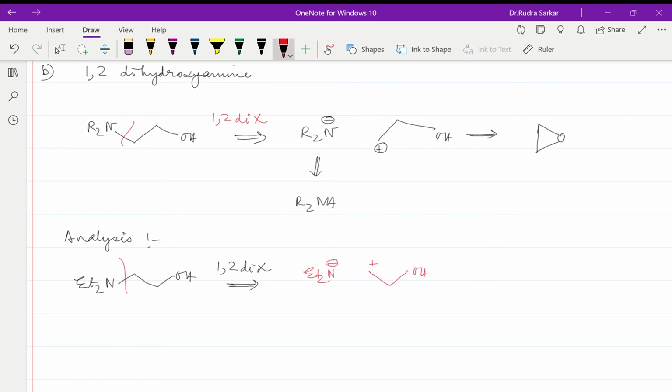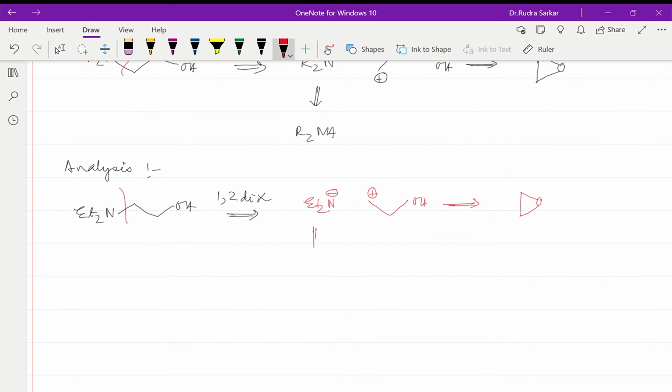Correspondingly we will have the synthon of the epoxide, so its reagent obviously will be the epoxide, and out here we will say it is the diethylamine.